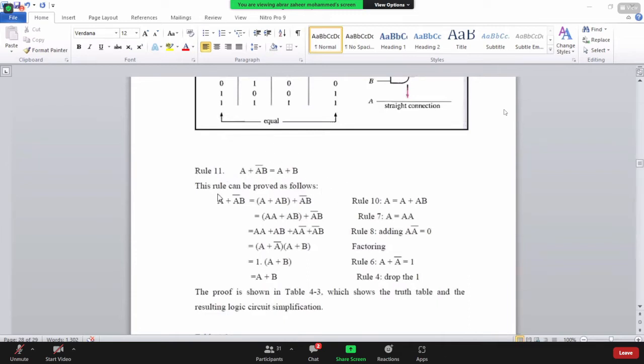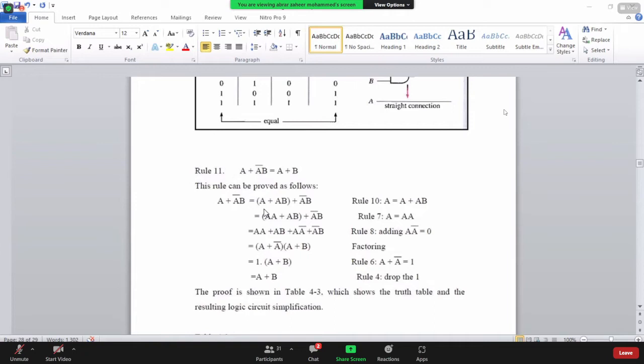How to prove this? This rule can be proved as A plus A bar B is equal to what? We can take A is equal to A plus AB from rule number 10. Then by rule number 7, A is equal to A dot A. So we can replace A by A dot A. Then we can add A dot A bar is equal to 0 by using rule number 8.